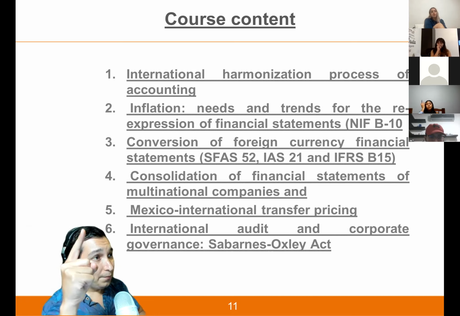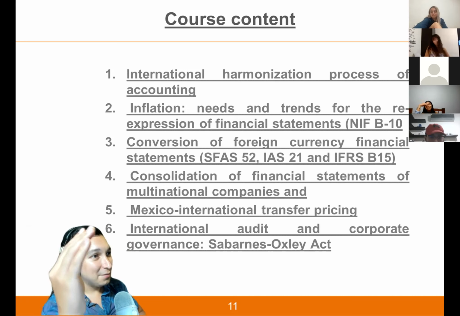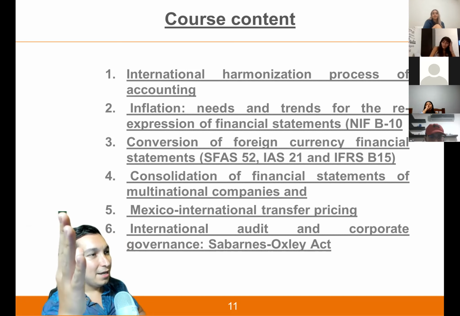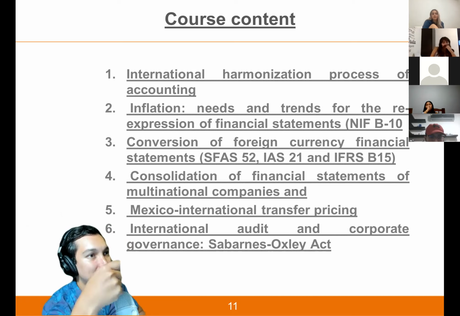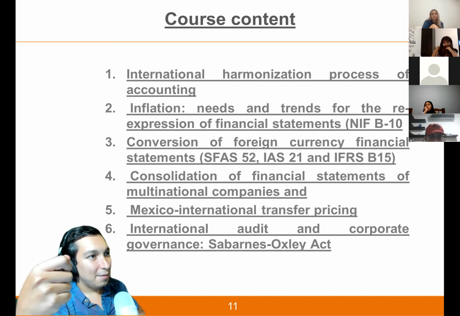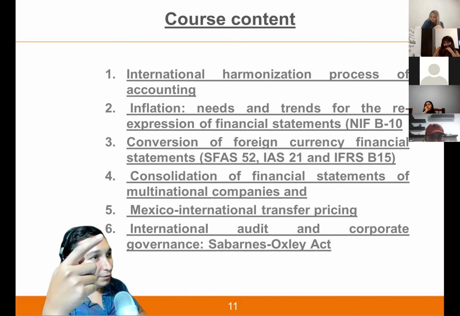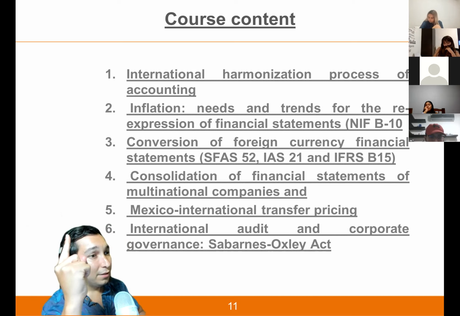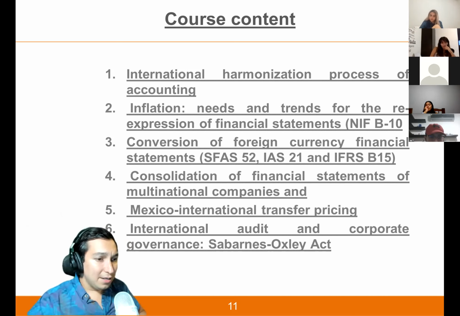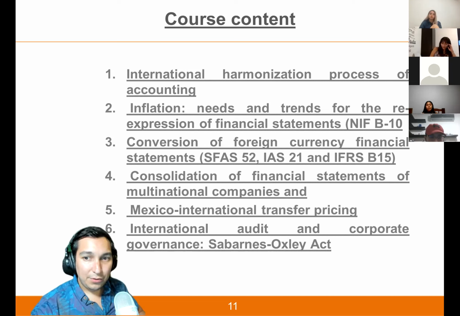We will do a capstone project as we usually do. I think it will be easier because there is no investigation process. It's just a matter of dragging the pencil, but it involves conversion of foreign currency. I even have it open in here. I can show it very fast to you.